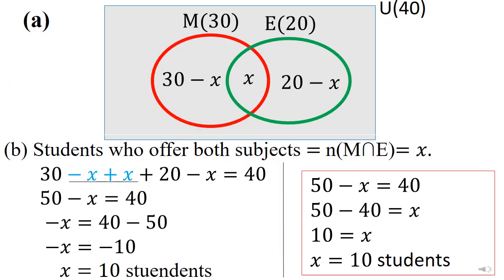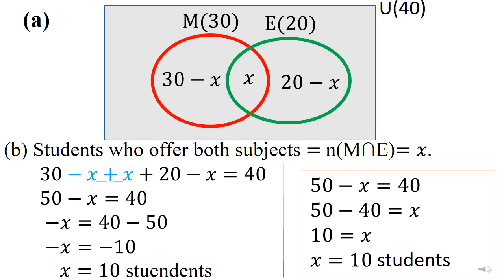So we have our Venn diagram, which is A, and B, we are asked to find students who offer both subjects, which is number of M intersection E equal to X. Before we can find X, we know that everything within the two circles is equal to the universal set U. So we sum up everything within the two circles, then we equate to the universal set.